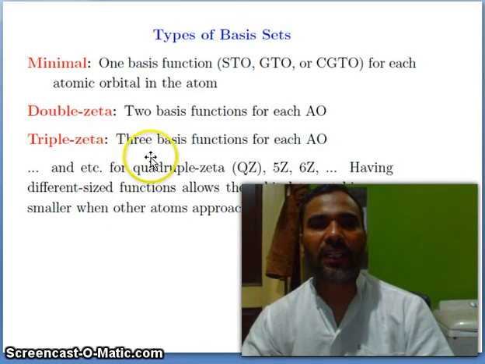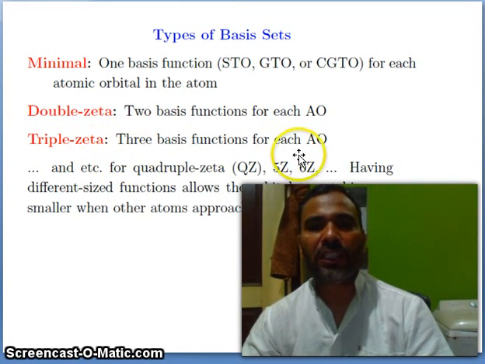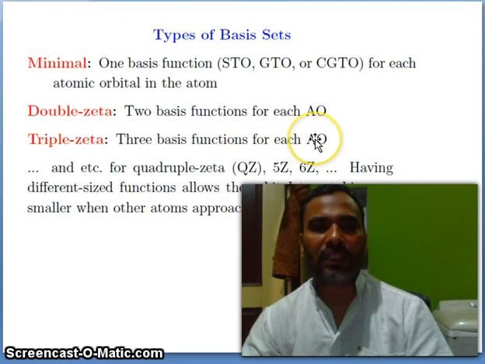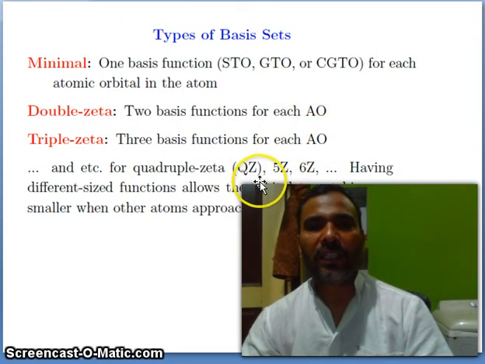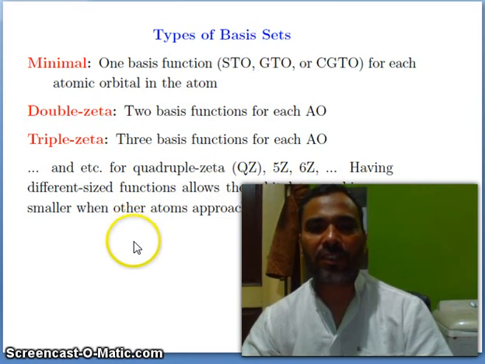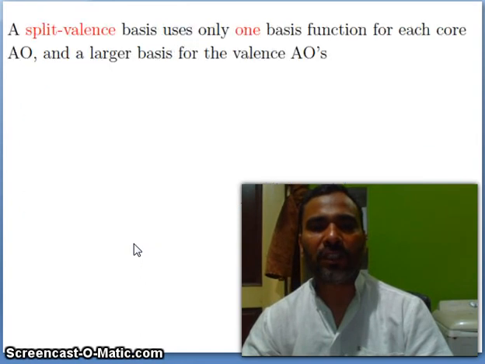Triple zeta: three basis functions for each atomic orbital, and so on, quadruple zeta, 5 zeta, 6 zeta. Having different size functions allows the orbital to get bigger or smaller when other atoms approach it.